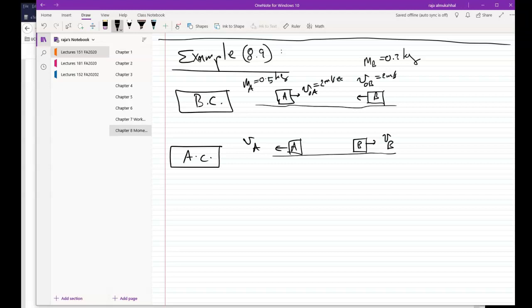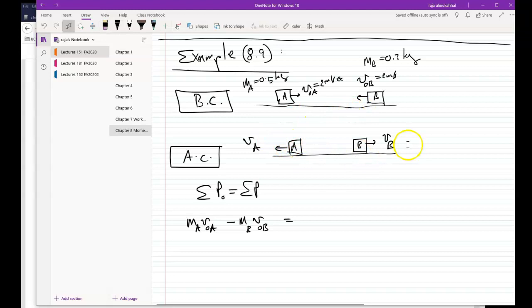So the first rule, sigma P naught equals sigma P. So let's apply the rule of conservation of momentum. Looking at BC first, we're going to write it down quickly. So that's just going to be MA V naught A plus, or sorry, minus MB V naught B equals, after collision, which is right here, MA VA.